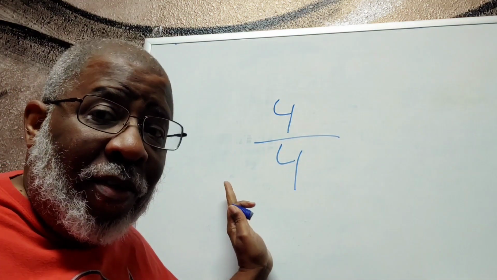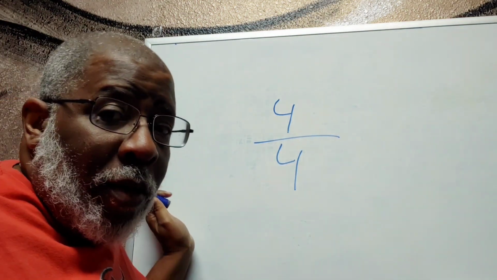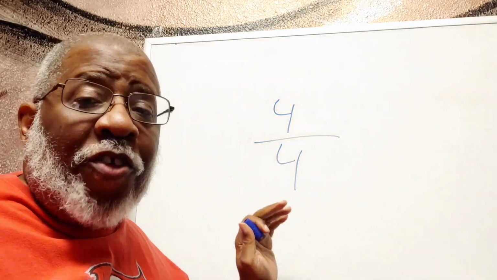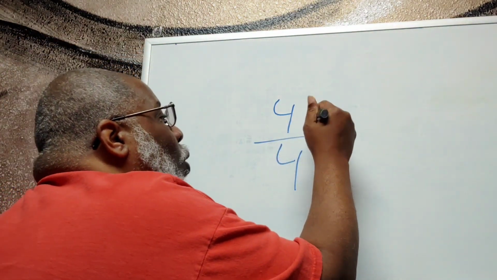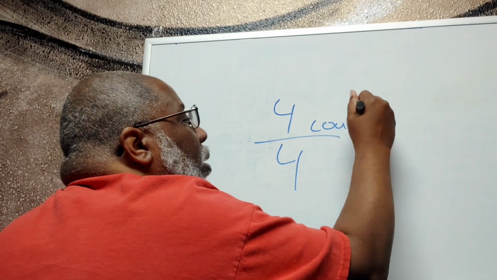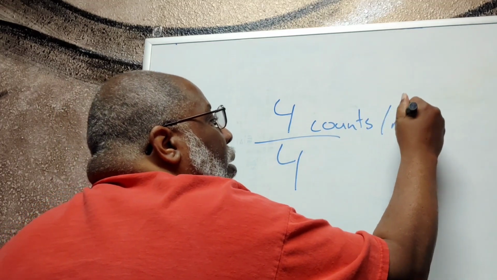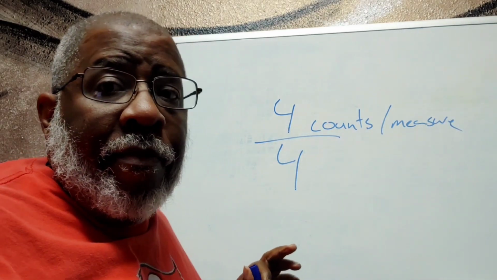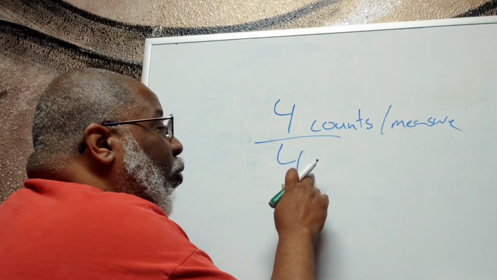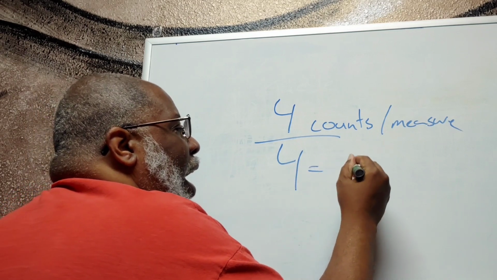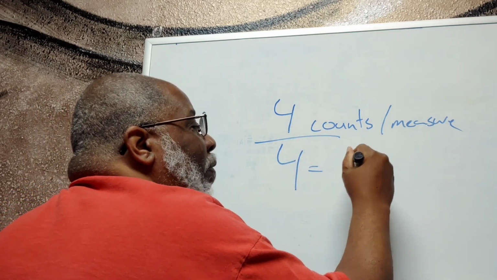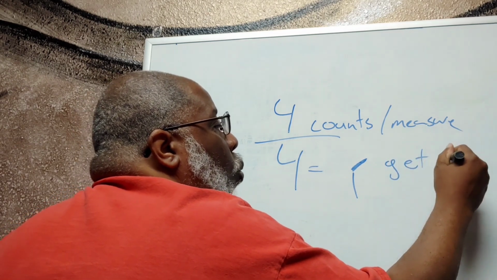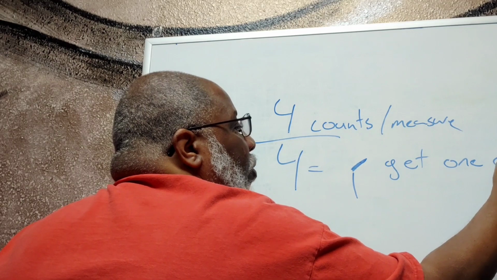It's not a fraction, so don't try to reduce it. 4/4 just means that there are 4 counts per measure, and this tells us that a quarter note, one of these notes, gets 1 count.